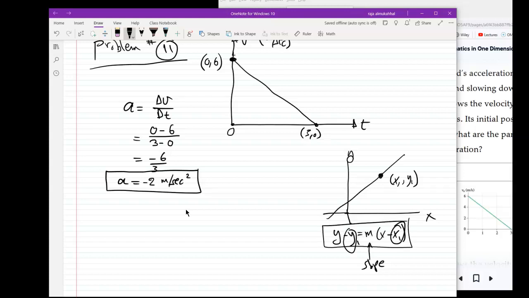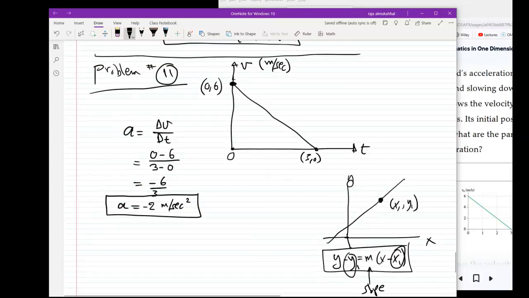So I want to do that. But I'm not given position and time. I'm given velocity and time right here. So I want to use this formula for this graph to find the equation of the line in terms of velocity.